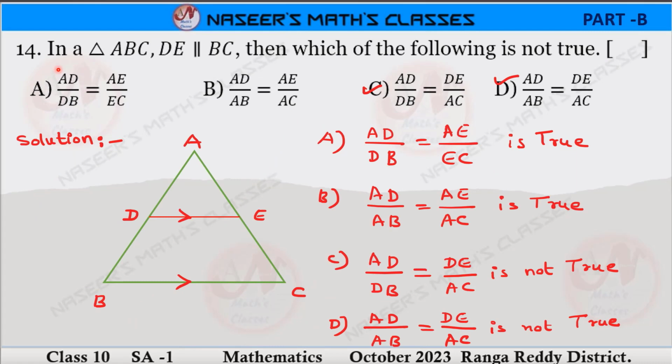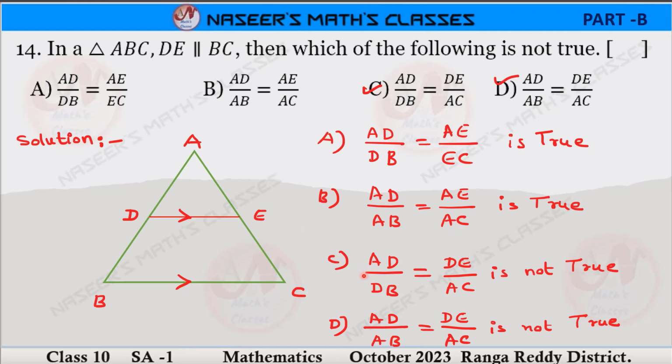14th one. In triangle ABC, DE is parallel to BC, then which of the following is not true? So if we draw a triangle ABC in which D, E are the points and DE is parallel to BC. Option A, AD by DB is equal to AE by EC. This is a true statement. Second one, AD by AB is equal to AE by AC. This is also a true statement.